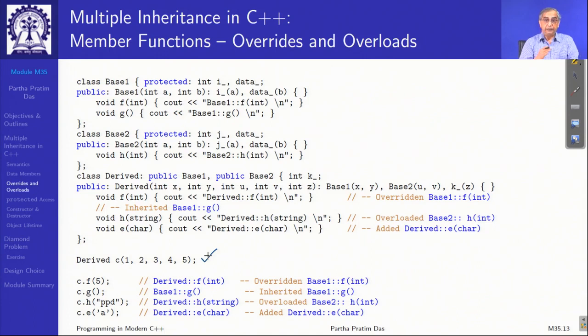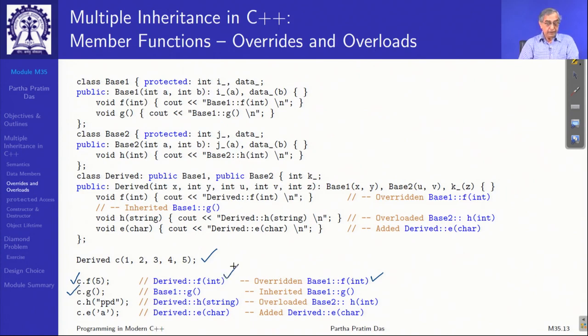We are just looking at the function binding. So, C.f will naturally be Base1::f, because you are doing a static binding. C.g will be Base1::g, because you have just inherited it.